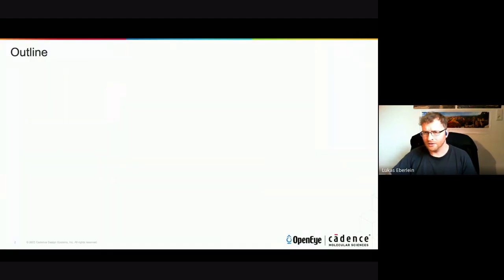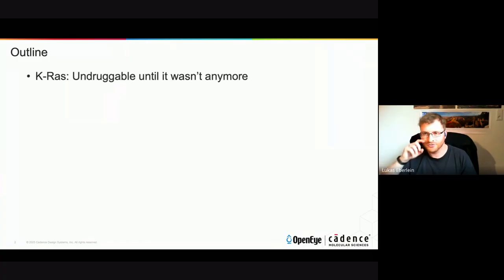To start with, here's the outline of my presentation today. I will start by introducing the KRAS system, an oncogenic protein long considered undruggable, and show how cryptic pocket detection can speed up drug design drastically.